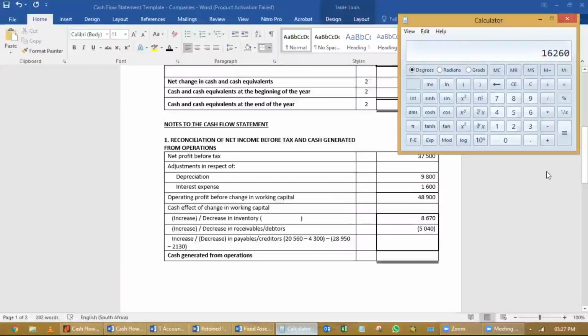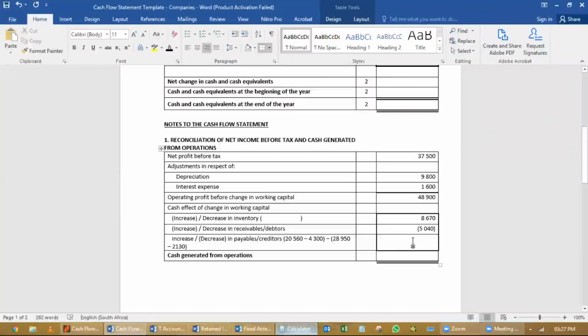And then I will minus 28,950 minus 2,130. Okay, so there was a decrease. You must go in brackets because it's in minus, so it already tells you it must go in brackets. Okay, so 10,560.